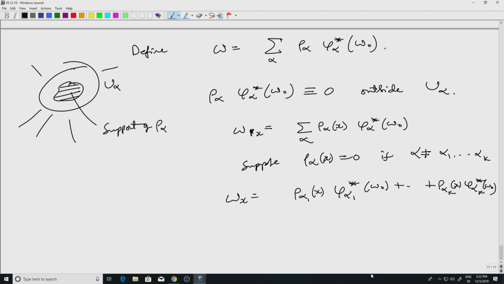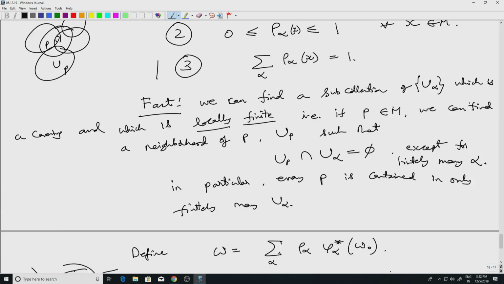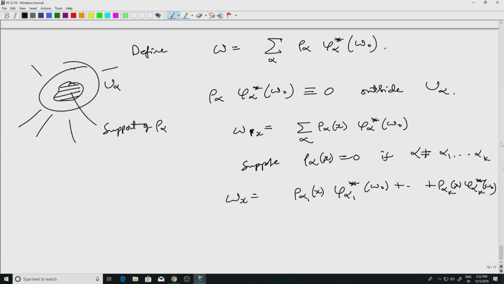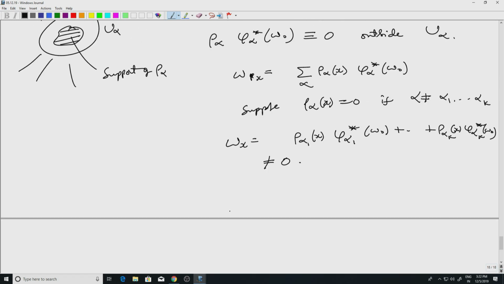Well, we still haven't used the condition that we started with an oriented atlas. I could have done all this starting with any atlas. Now the last step is to say that this is not 0 at any x. And here's where we use the oriented atlas condition.